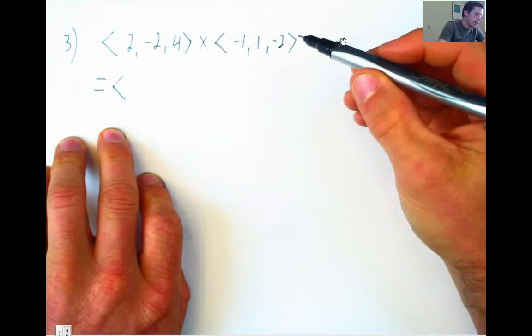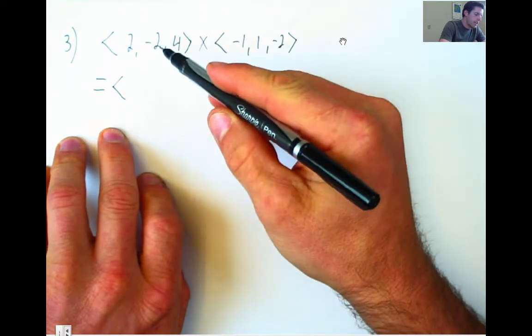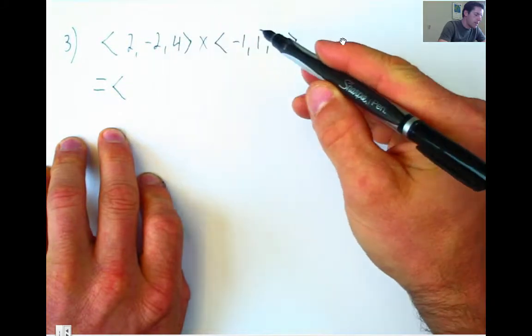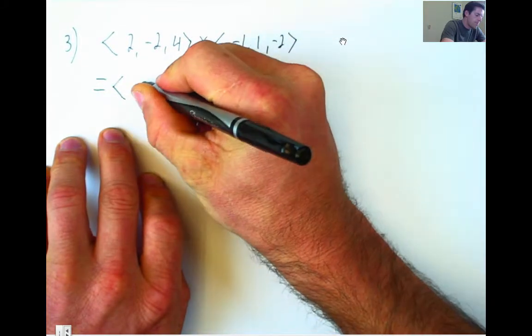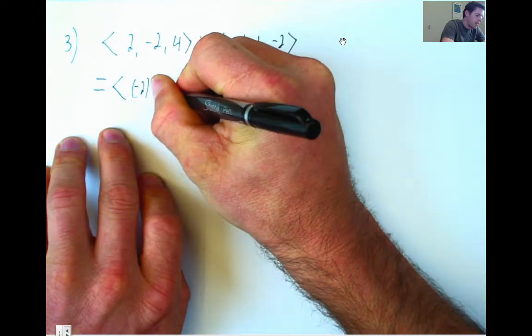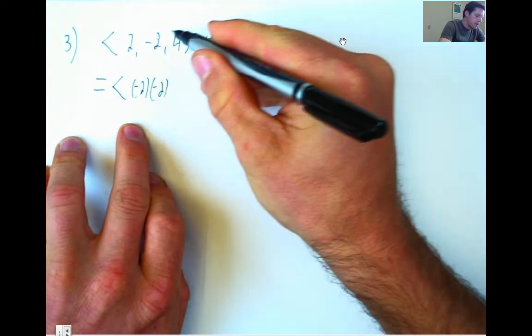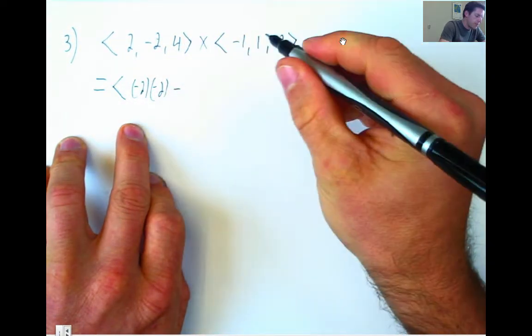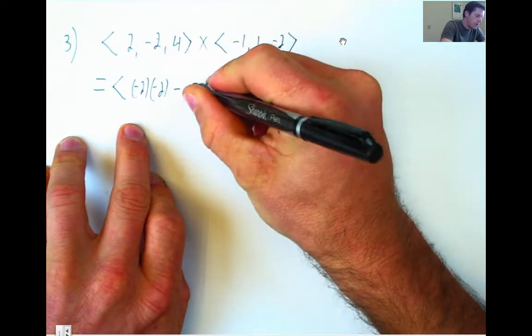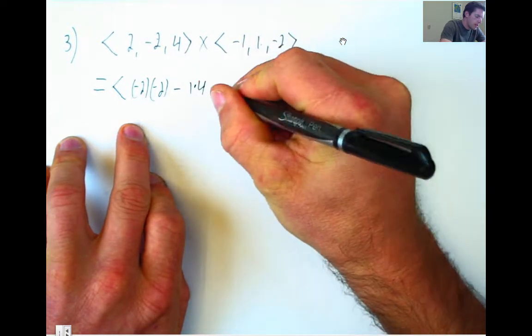So in the determinant method, first I would ignore the first slot, and I'd have negative 2 times negative 2. Be very careful and write everything out. Negative 2 times negative 2, and I subtract from that 1 times 4. Okay.